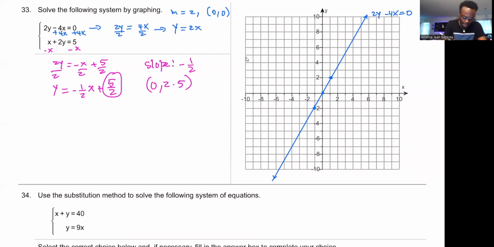Let me find (0, 2.5). It goes midway between the whole numbers. Then the slope is negative 1/2, so it goes down 1 and over 2.